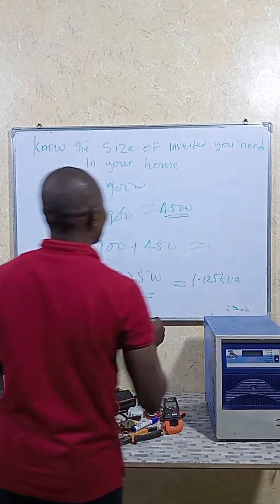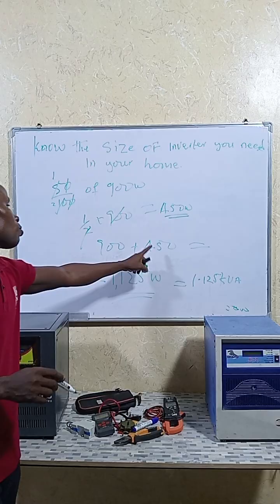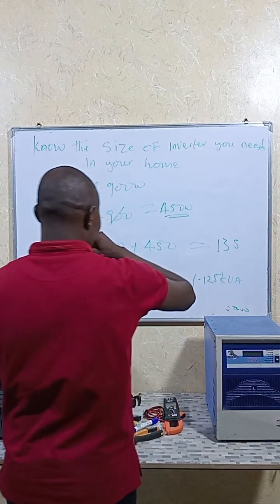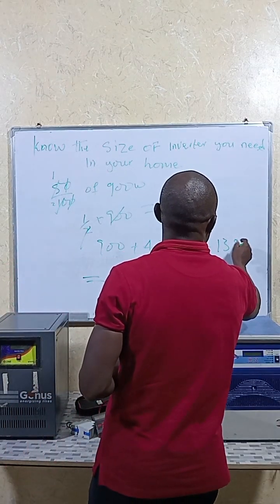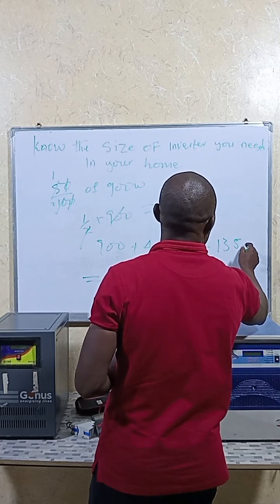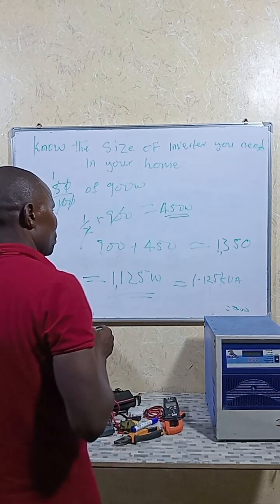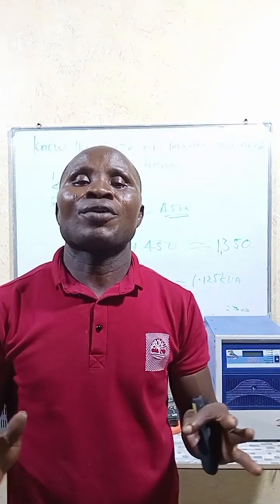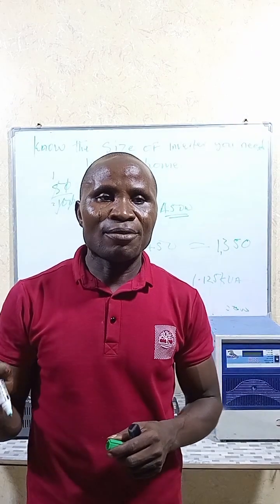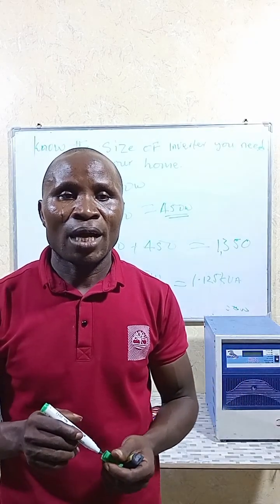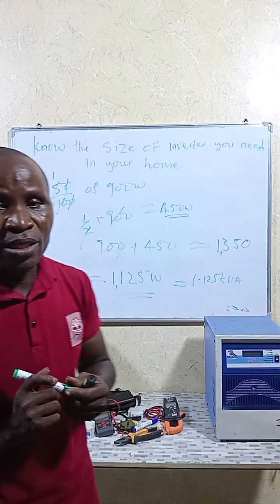The answer is 1,350. Now, with this 1,350, you have the inverter that will be able to carry that load successfully and is suitable for your home with those appliances.